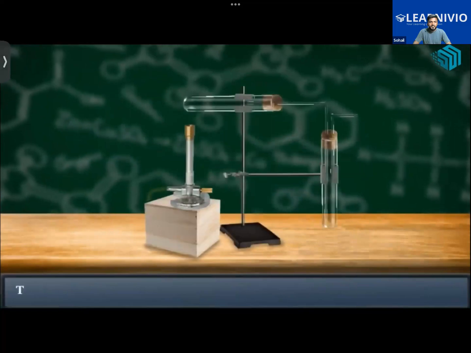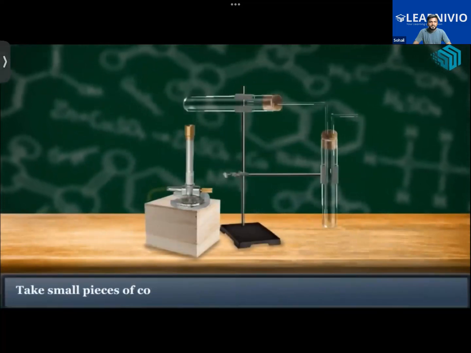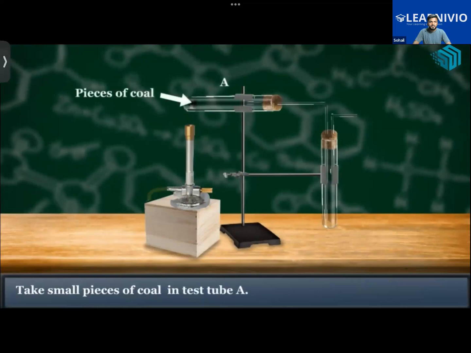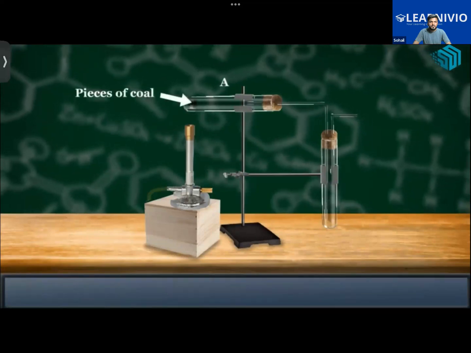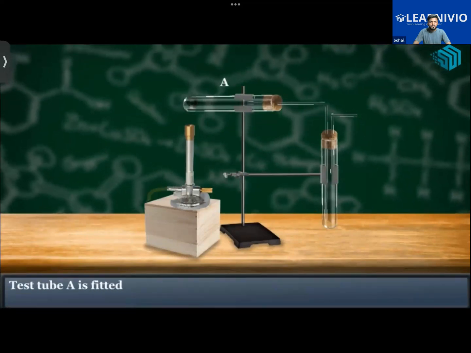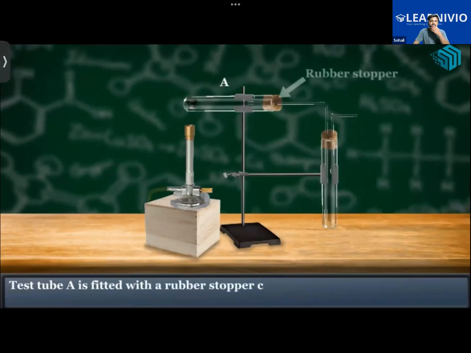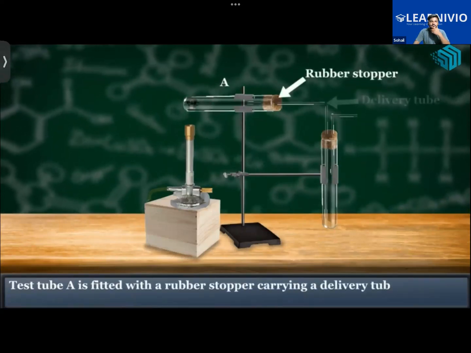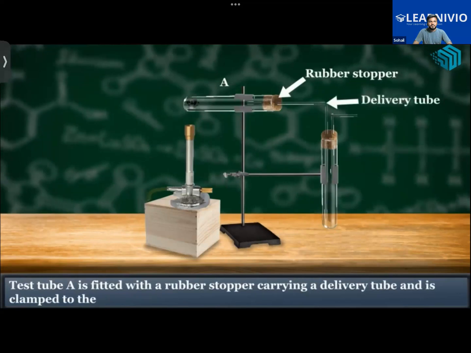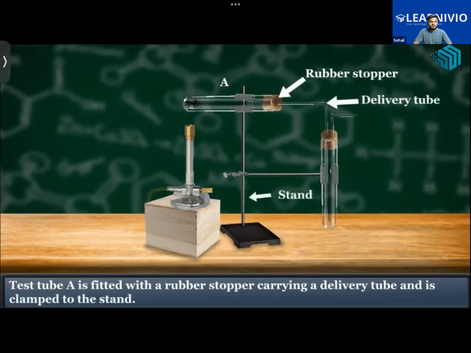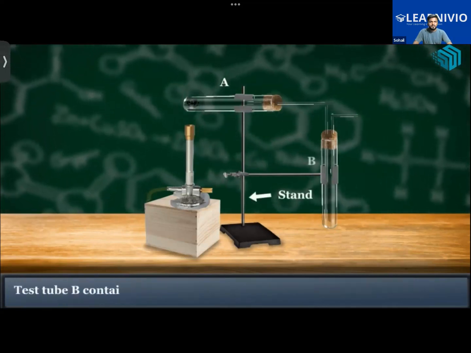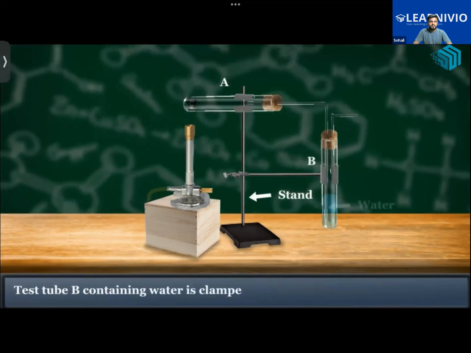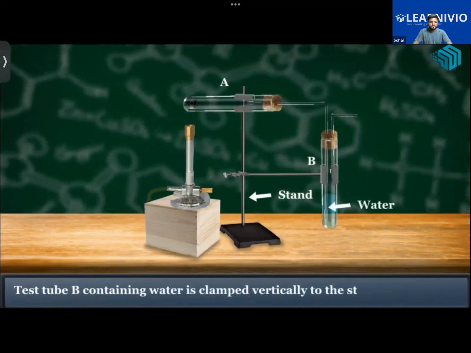The procedure: take small pieces of coal in test tube A. Test tube A is fitted with a rubber stopper carrying a delivery tube and is clamped to the stand. Test tube B, containing water, is clamped vertically to the stand.